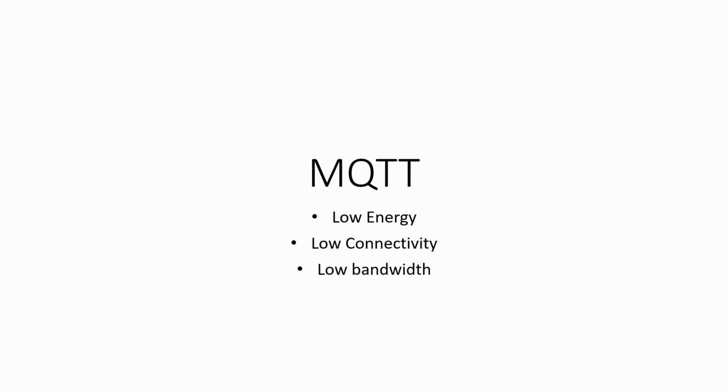The founder invented this protocol for transmitting data from an oil mine through the internet over a satellite. In that situation, MQTT was invented. So this protocol fulfills the purpose of all these three that you are seeing on the screen.